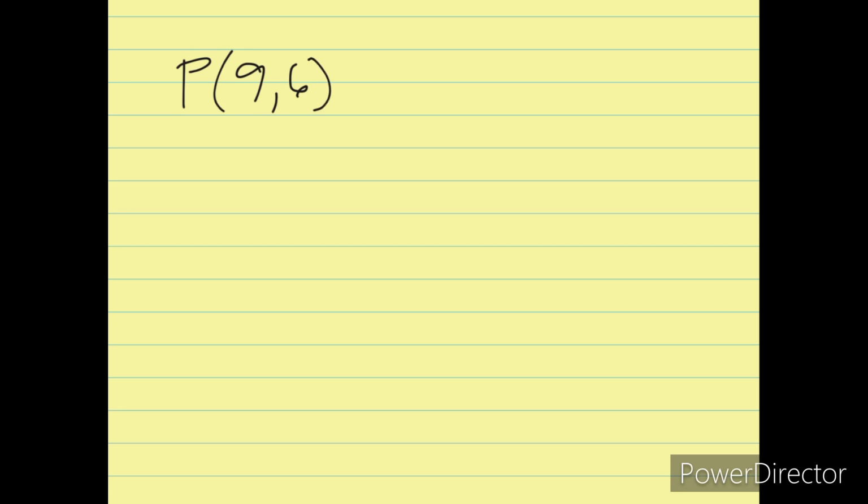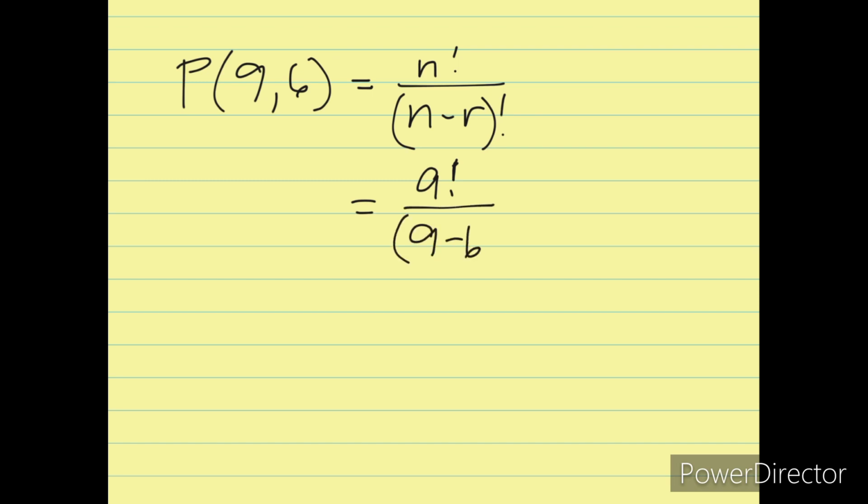So again, using the formula, permutation of 9 and 6 is equal to n factorial over n minus r factorial. Our n is 9, so 9 factorial all over 9 minus 6 factorial.